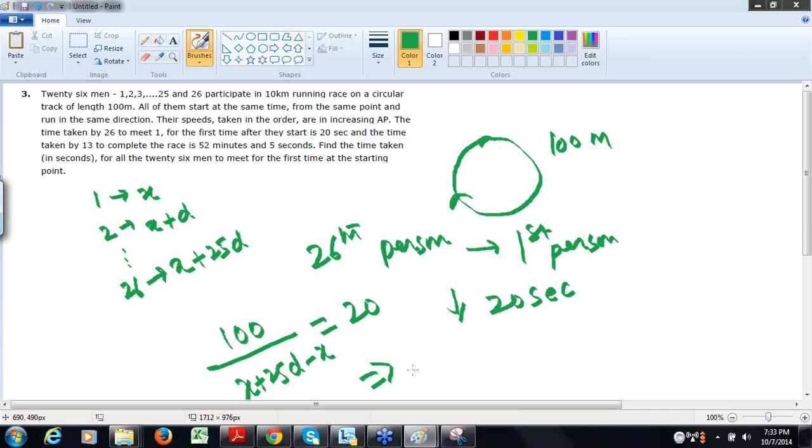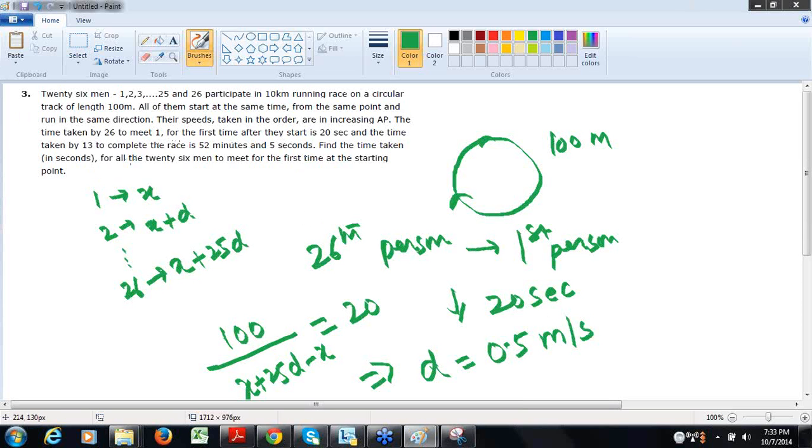Which implies you can calculate the value of D. So value of D will be 0.5 meter per second.